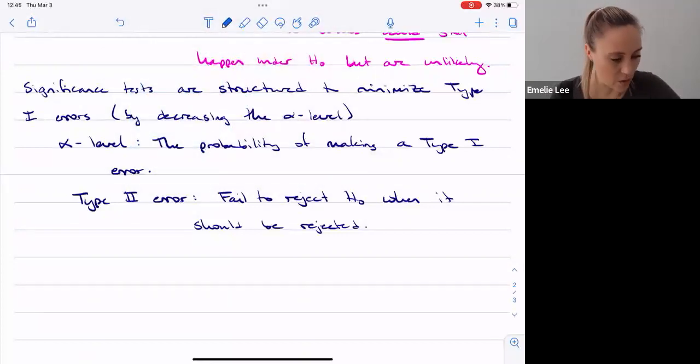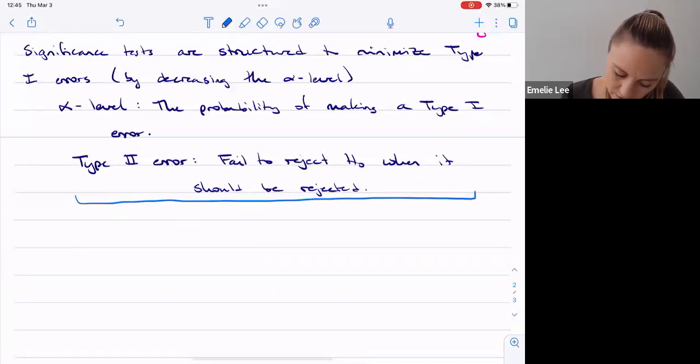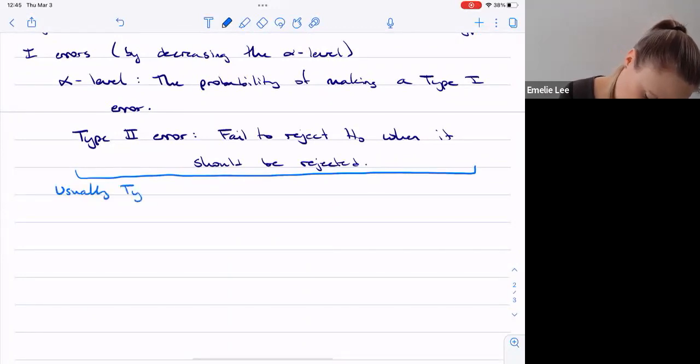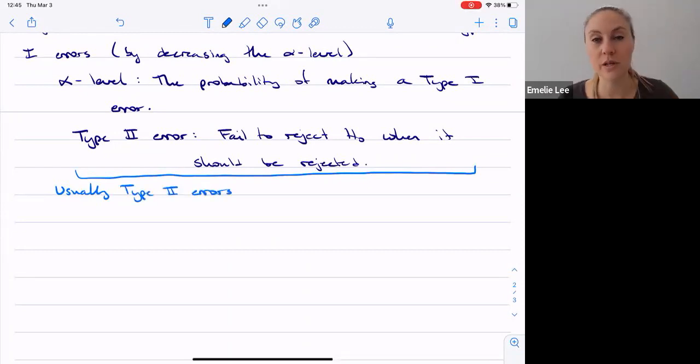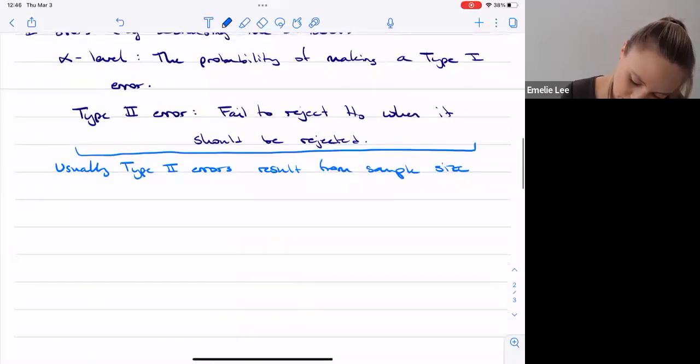Okay. And so usually type 2 errors result from sample sizes that are too small.